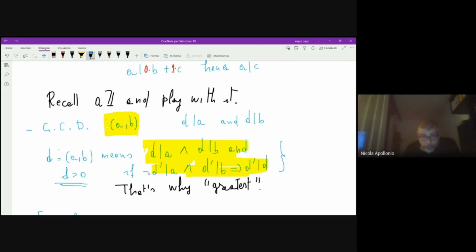The second row says that it is the largest common divisor, because let us read the second row. It says that if D prime divides both A and B, it is of course a common divisor of A and B, and it is a divisor of D. That's why D is the largest common divisor.